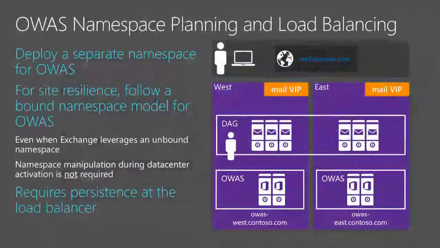OK. Now, for namespace planning and load balancing of the Office web app server, that will always be the same. It's very, very easy because it's a static configuration. So even if you're using the unbound namespace model for Exchange, you're going to use the bound namespace model for the Office web app server. Put slightly different, we require an Office web app server in every Active Directory site where you deploy a mailbox server.